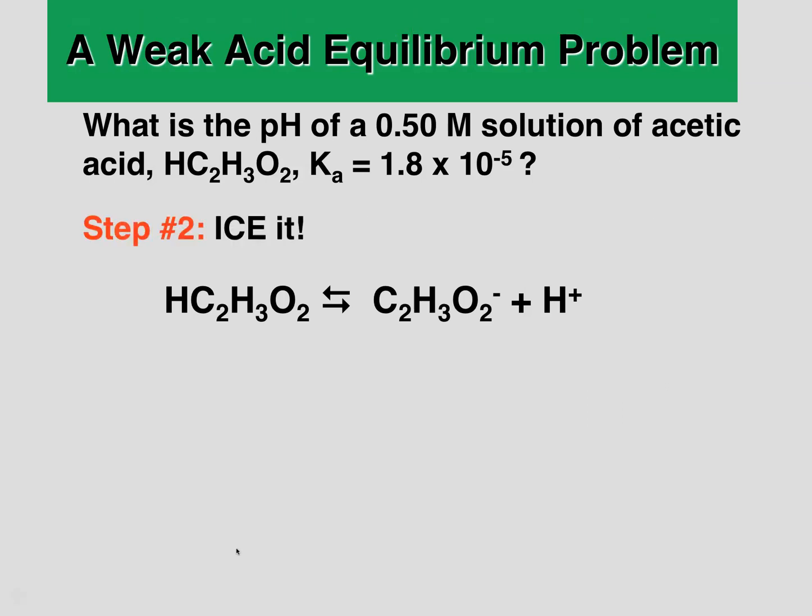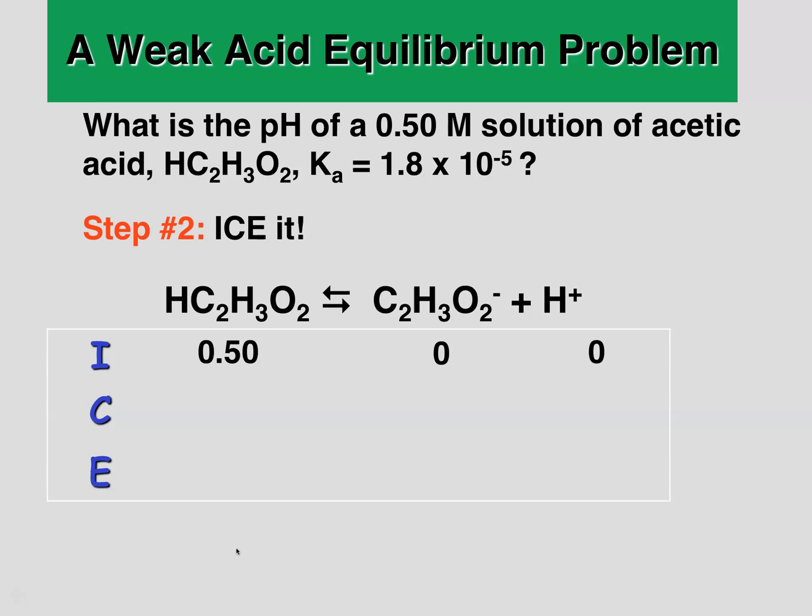Step number two, we do ICE tables. We should all remember ICE tables from equilibrium. They're the same thing, nothing's changed. Again, we know the initial concentration of my acetic acid, and we have no ions yet before anything dissociates.